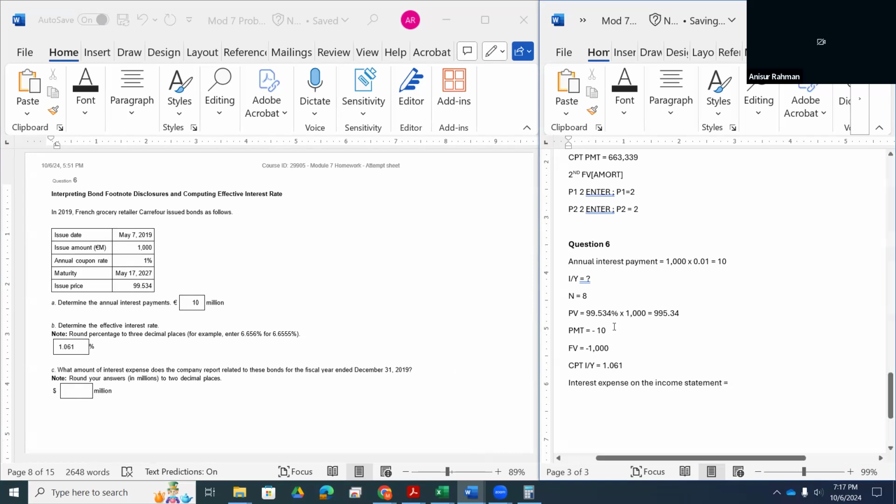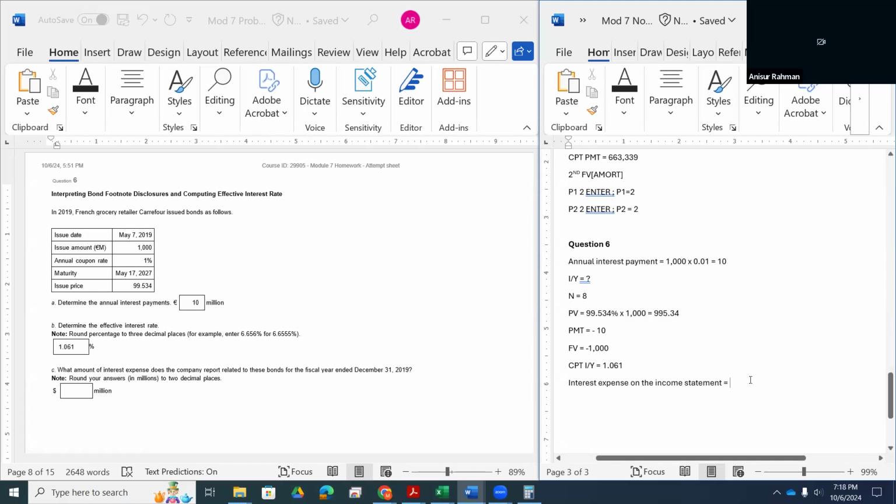Now, remember this $10 million, that is the cash interest payment. But because the bond is a discount bond, in other words, the selling price of the bond is not the same as the face value, the interest expense on the income statement will be different from the cash interest expense.